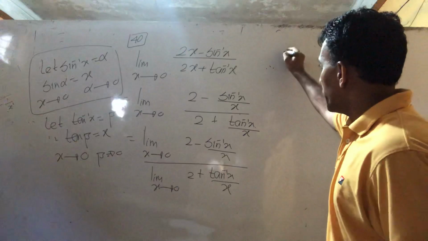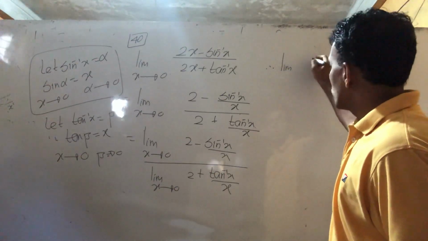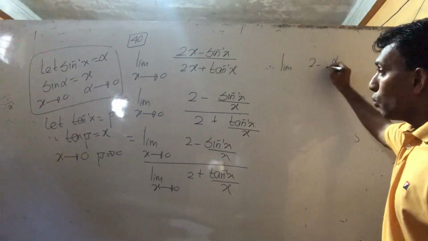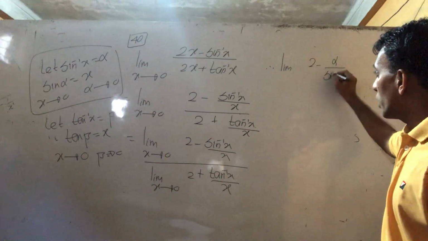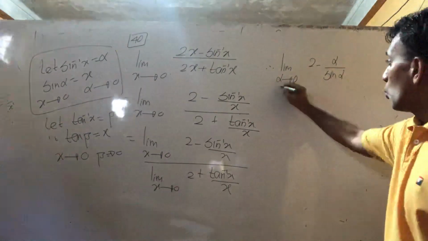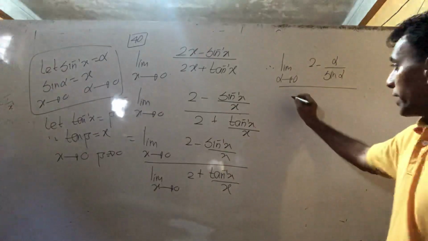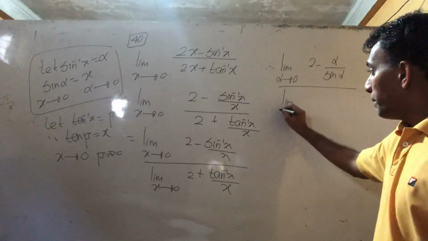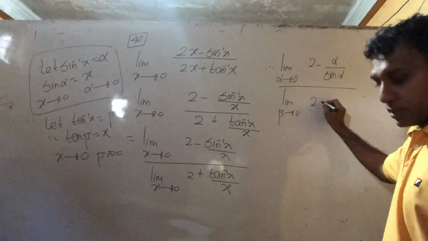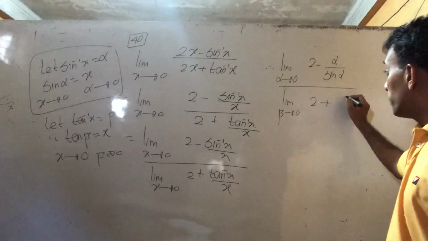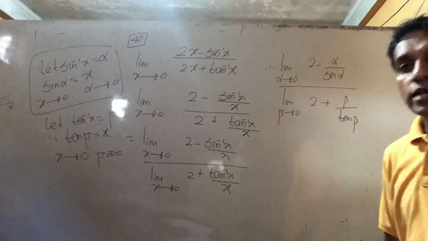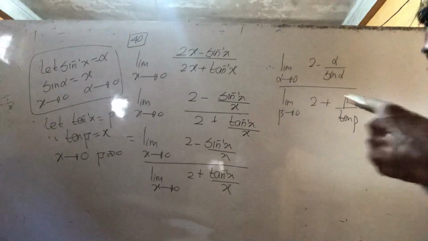Limit alpha tends to 0 of 2 minus alpha over sine alpha, over limit beta tends to 0 of 2 plus beta over tan beta.